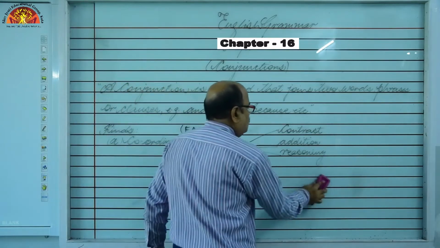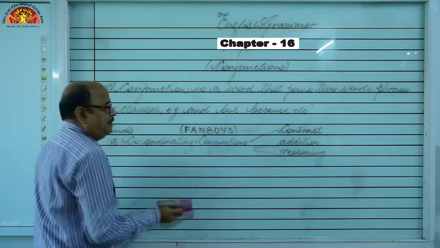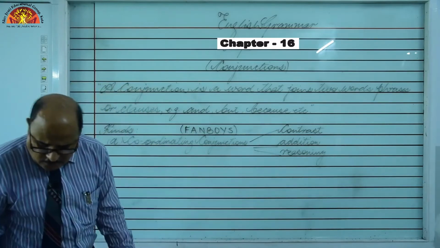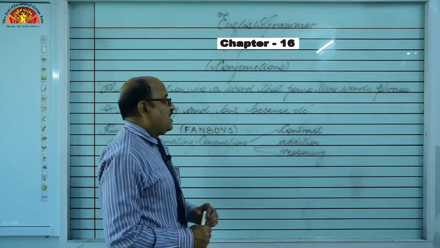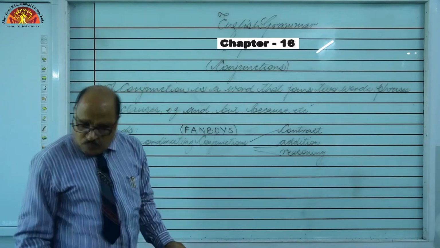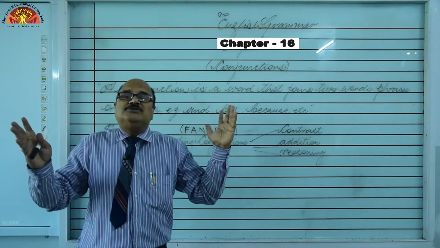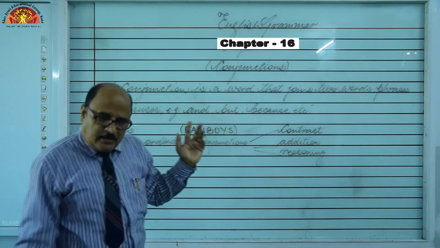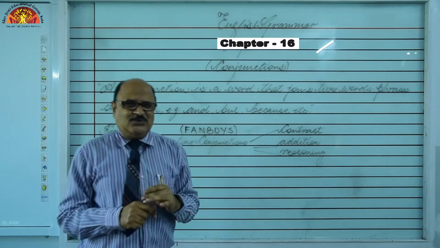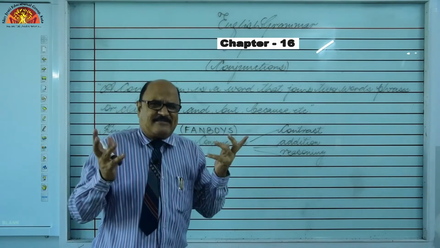Please open your book. You can see exercises are there, and what I taught. The first one is contrast, coordinating. Contrast means they both are opposite to each other. So, two clauses are opposite to each other, like but, like yet.